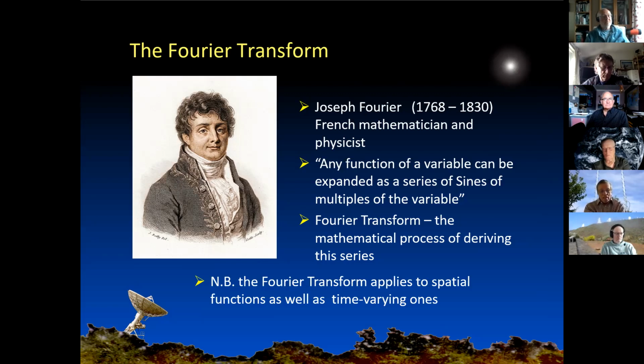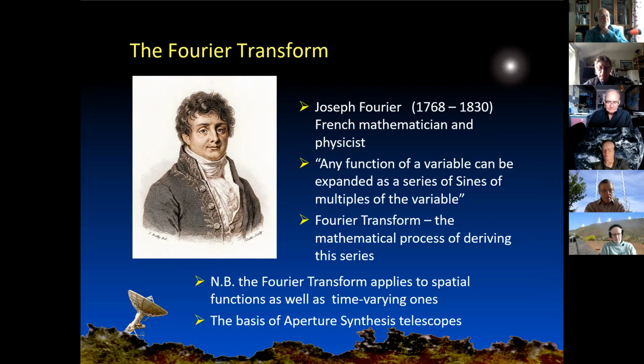You can take an image and split that down into a number of simple functions. And if you've got those simple functions, you can then recombine them to get back to the original image. And of course, this is the basis of aperture synthesis telescopes that are used in radio astronomy.